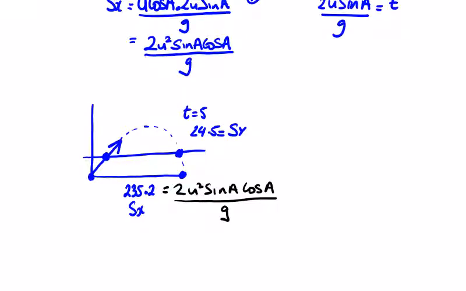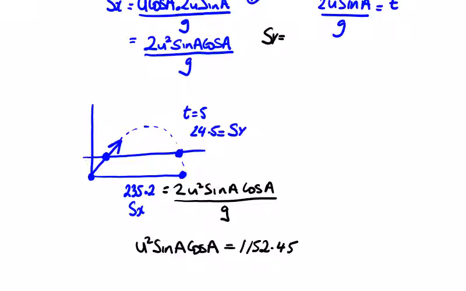So we can multiply by 9.8 and divide by 2. We get u squared sine a cos a is equal to 1152.45. So we just leave it like that for now. Let's look at displacement in y.